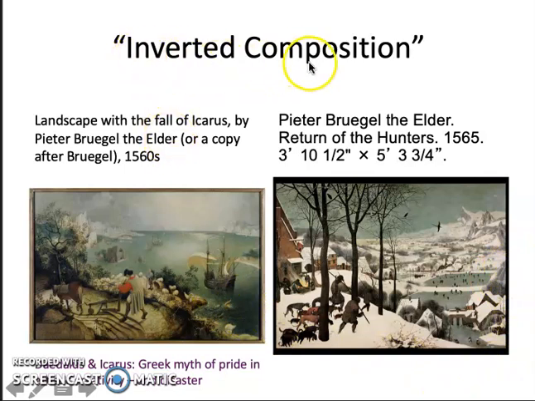And in terms of inverted composition, this is a way in which an artist like Bruegel can use space, deep perspectival space, to actually make very important things very small, such as these legs right here. This is the Landscape with the Fall of Icarus, the story of the Greek myth of Daedalus and his son Icarus. Daedalus makes wings that allow him and Icarus to fly toward the sun, but Icarus gets too close, the wings melt, and he falls into the sea.